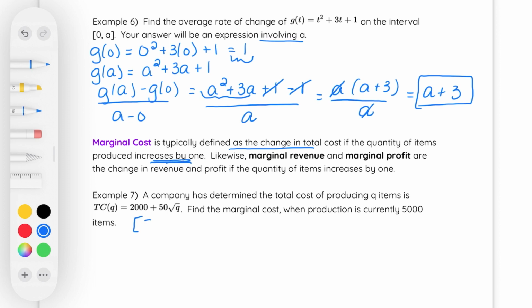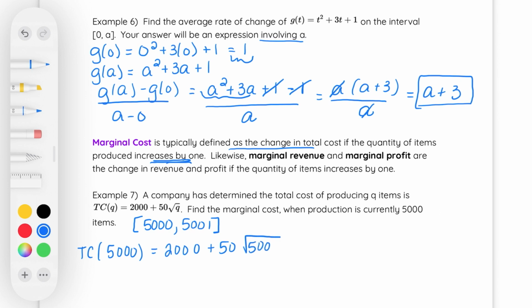So I want to find what is the average rate of change if I go from 5,000 items to one additional item, 5,001. So we're going to change our quantity from 5,000 and get a value and see what happens.